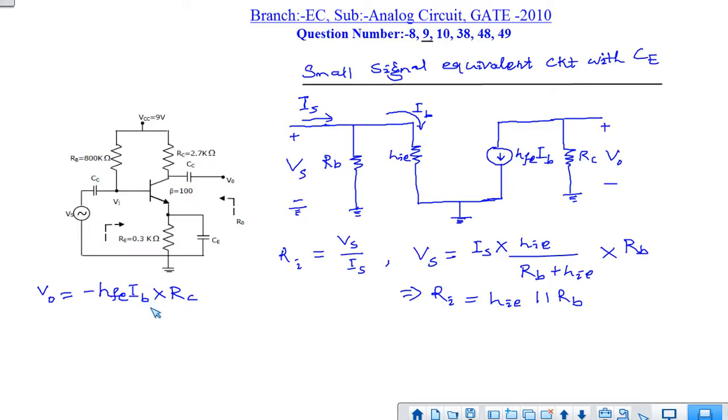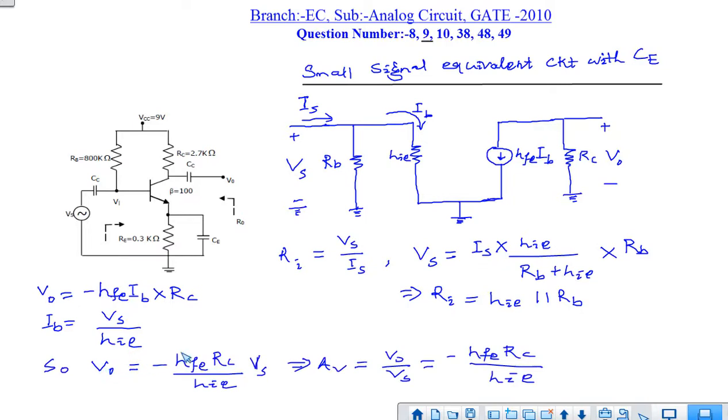Now we have to find this IB in terms of Vs. Vs is the same voltage, that is hie into IB, so IB is equal to Vs by hie. We replace this IB, hence the output voltage is minus hfe RC Vs by hie. Hence the voltage gain is minus hfe RC divided by hie. So this is the case when the CE is present.